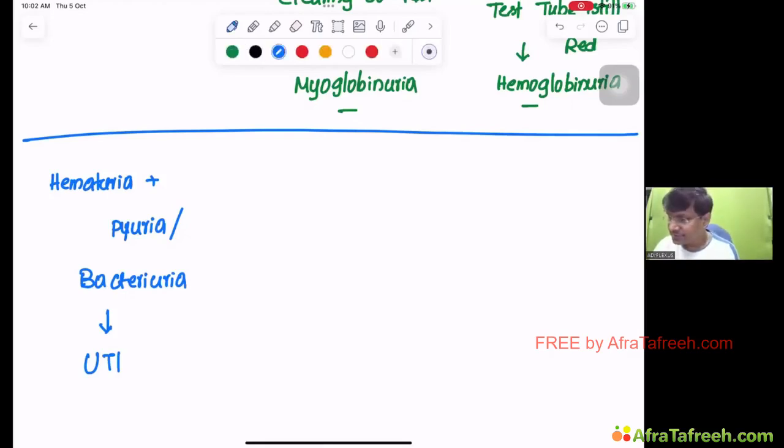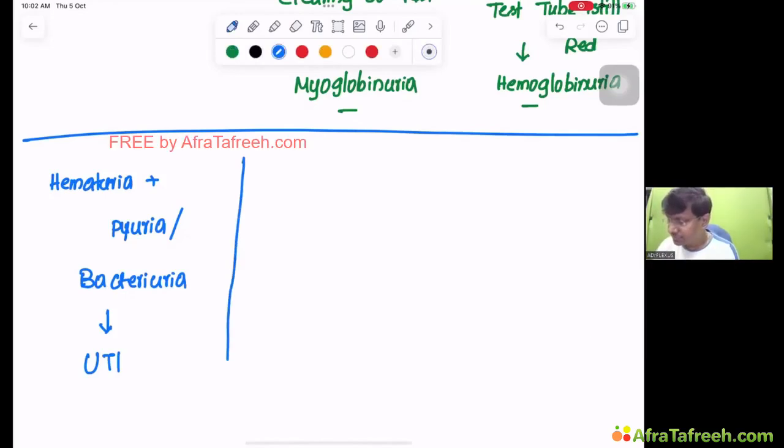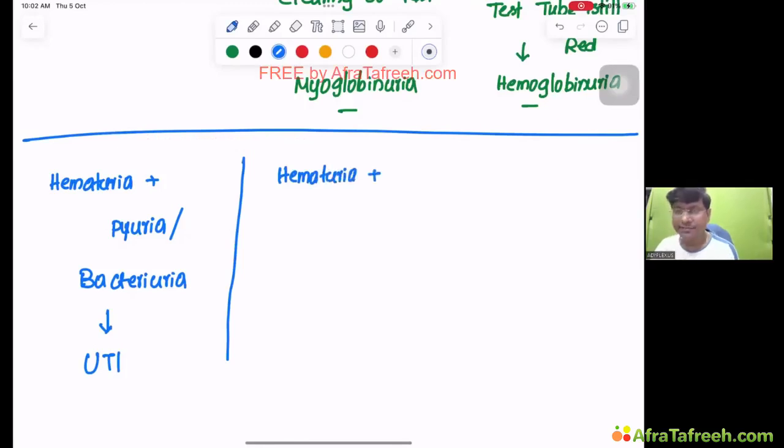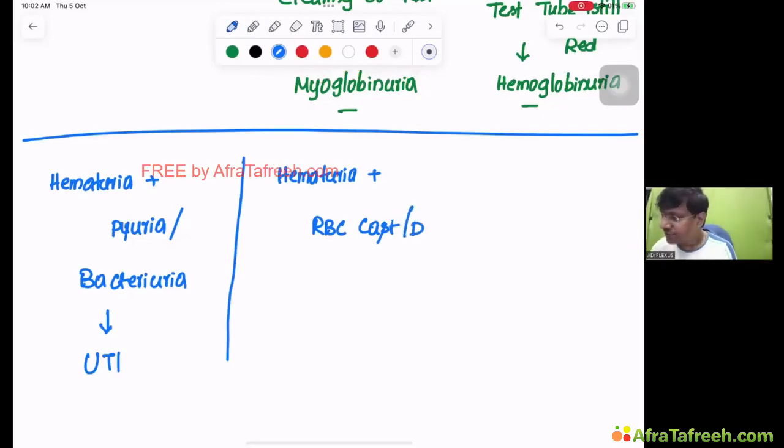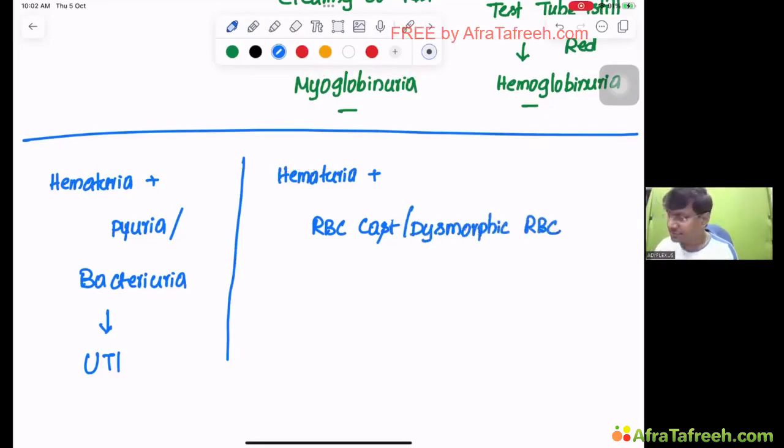The other scenario is, the patient is having hematuria. Along with hematuria, there is presence of RBC casts, or there can be dysmorphic RBCs.